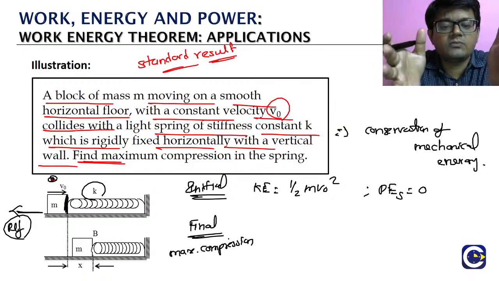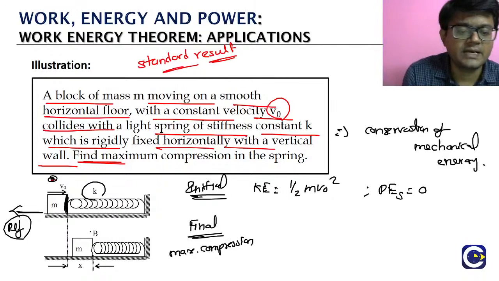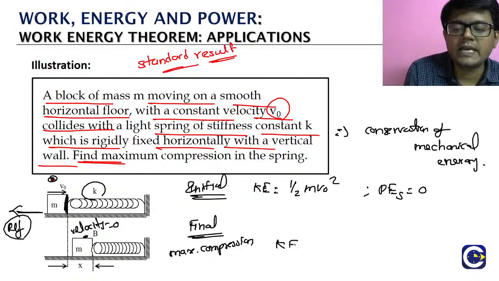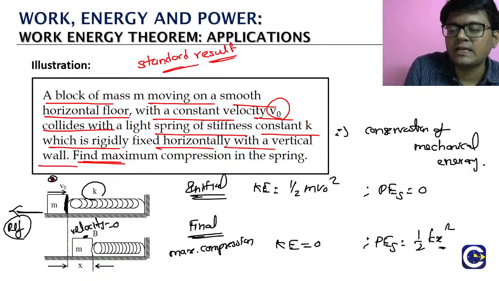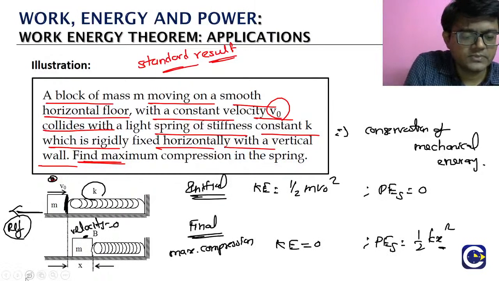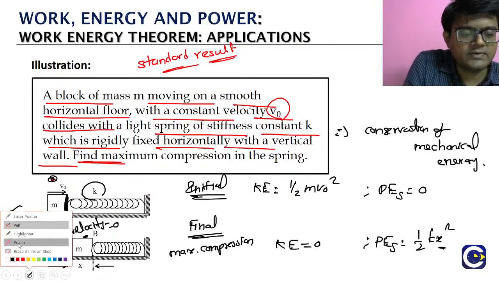There the block comes to rest, so its velocity is 0 and the kinetic energy is 0. The spring's potential energy formula is half k x square, where x is our maximum compression.